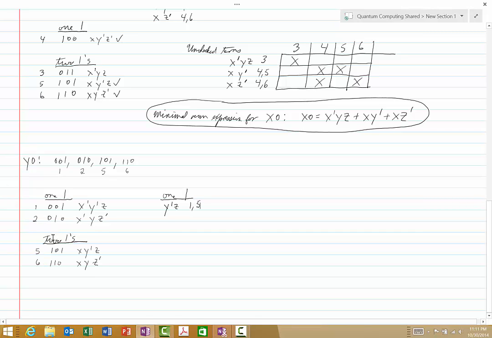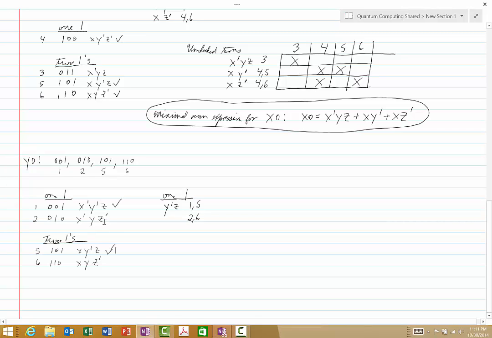What about 2 and 5? No, they differ by 3, which is not a power of 2. But what about 2 and 6? Yes, those should be able to be combined. By the way, let me put a check mark by the term 1 and a check mark by the term 5 here.